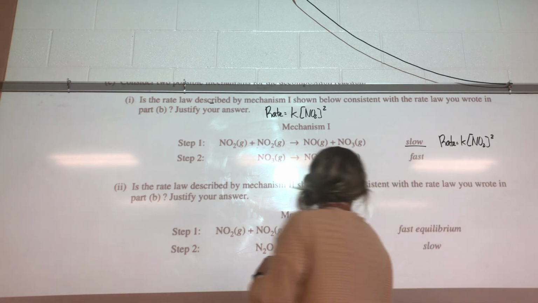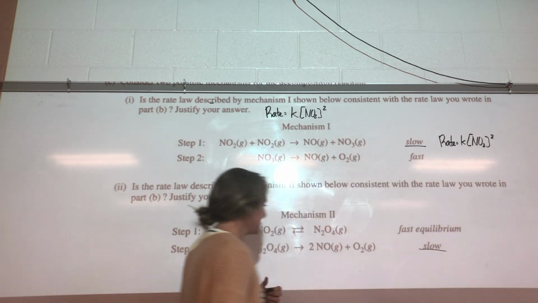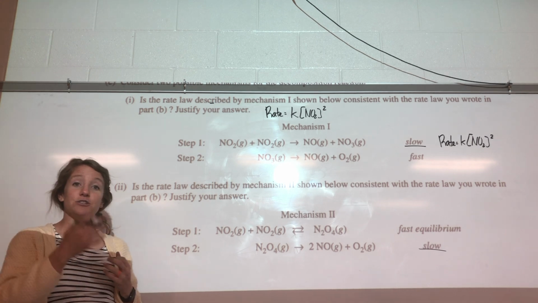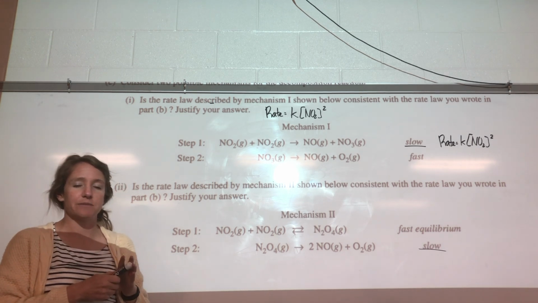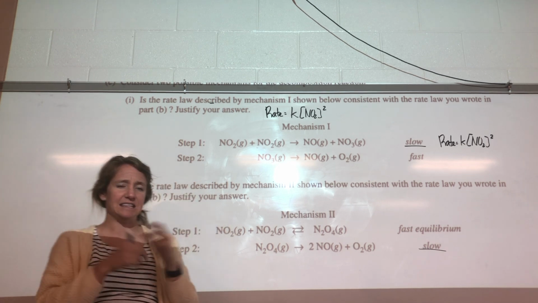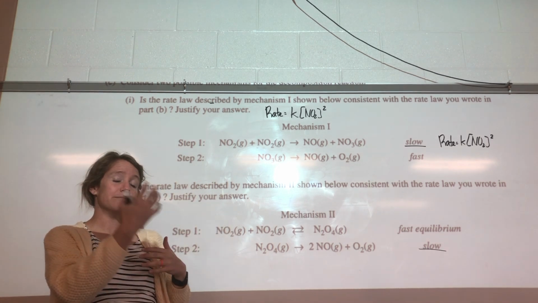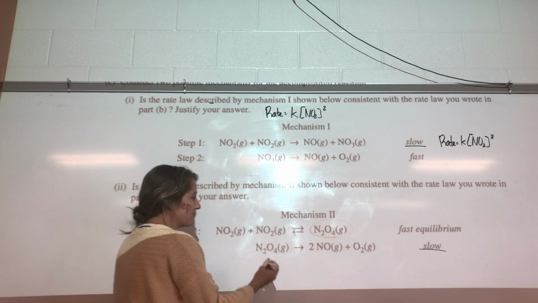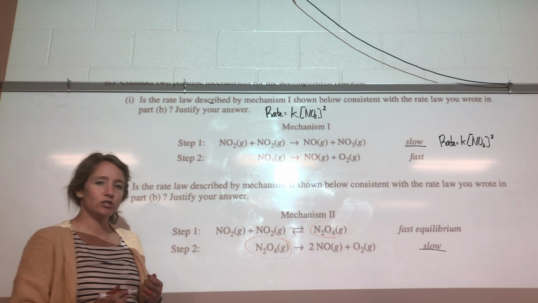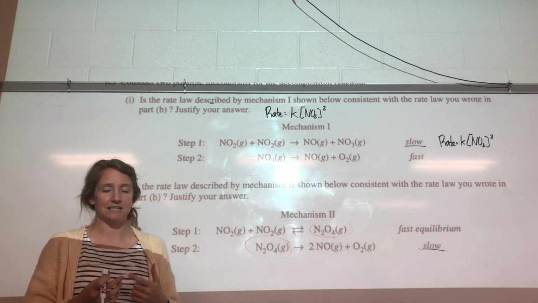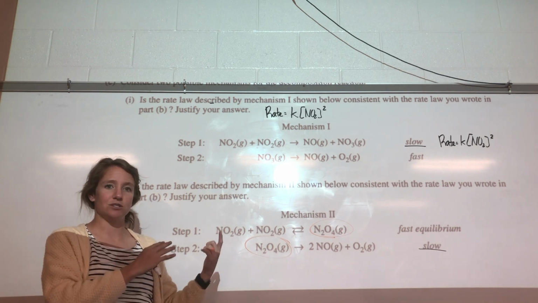For this one, when the slow step is second, you then have to substitute out things that are intermediates. An intermediate is a substance in a mechanism that's kind of like a spectator, but it's something that gets made in one step and then used up in another. So this gets made, this gets used, it's an intermediate, and you can't have intermediates in a rate law, so you have to substitute it out.